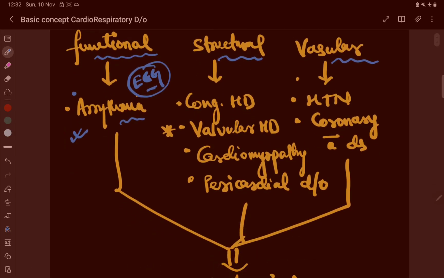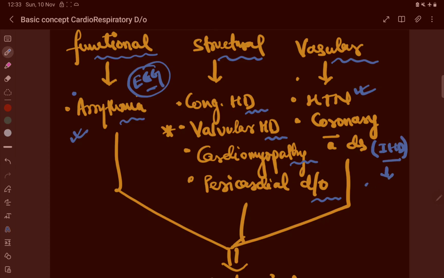In the structural part we'll discuss congenital heart disease, valvular heart disease, cardiomyopathy, and pericardial disorders. In the vascular part, we are going to discuss hypertension and coronary artery disease, that is ischemic heart disease.